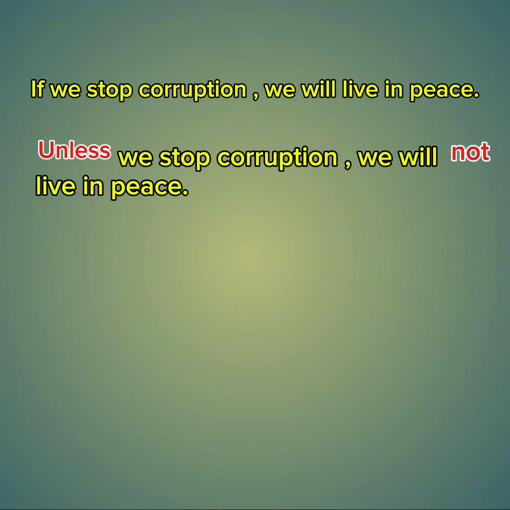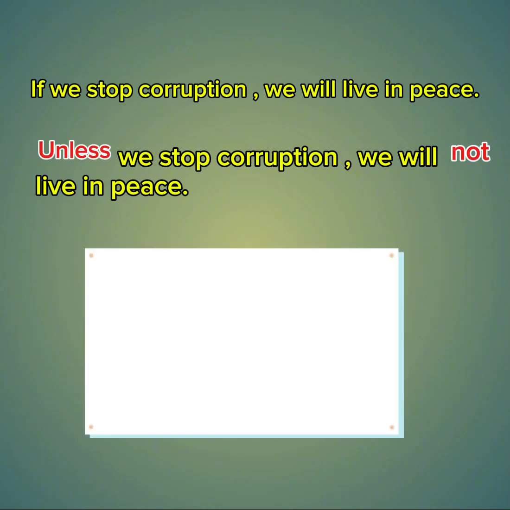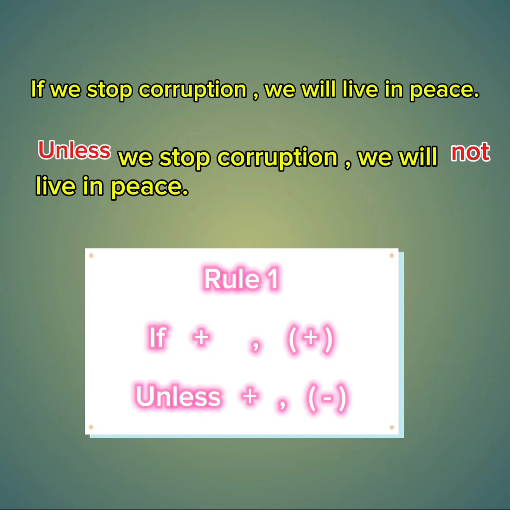So this example revolves around the first rule. When you have two positive clauses, you include not in the second clause. Just like in this example, both clauses are positive. If we stop corruption, we will live in peace.